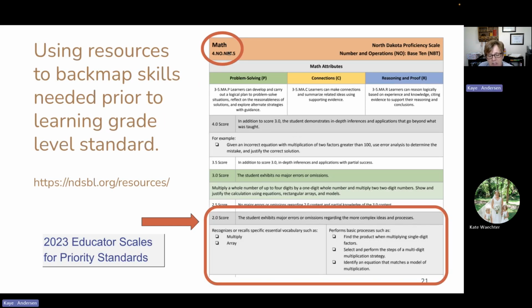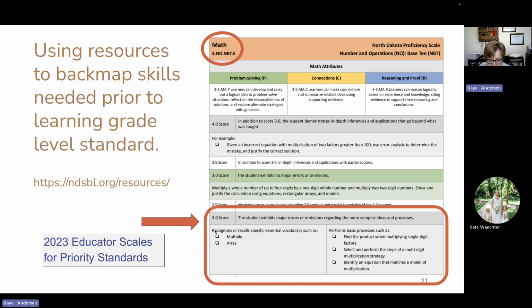When I go to the North Dakota Standards-Based Learning site and click on the standard, 4th grade number and operations NBT 5, it's going to tell me at the level 4 what are some of the most important standards or sub-skills that a student is going to have to know and understand in order to move to a level 5 or a level 4.